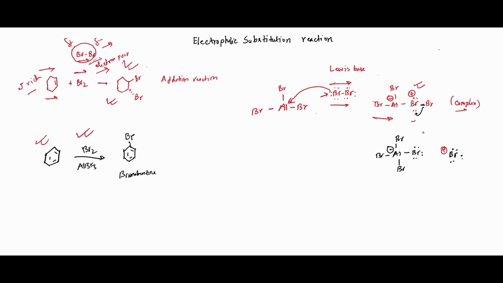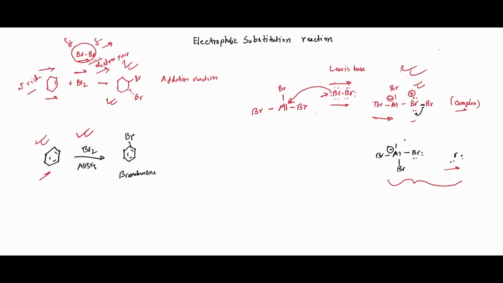But actually in reality, this positively charged bromine atom does not stay in the solution like this. Rather, you'll find it as a complex which comes closer to this benzene ring, and the reaction happens.